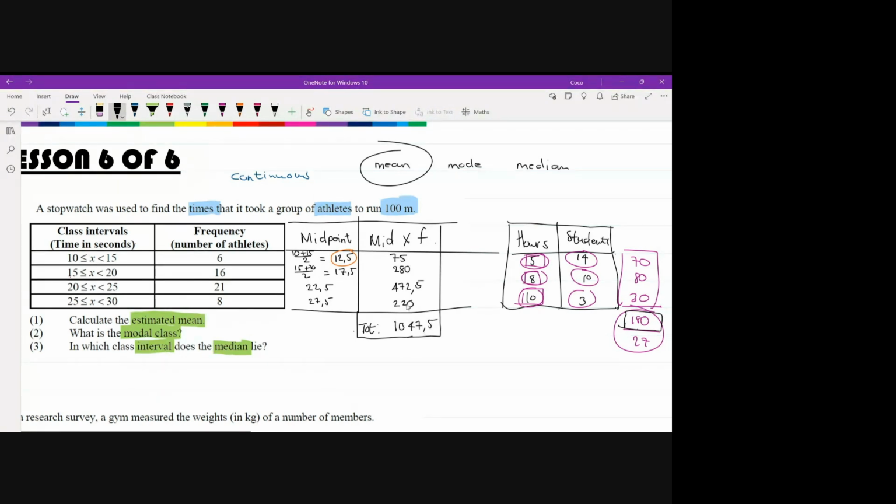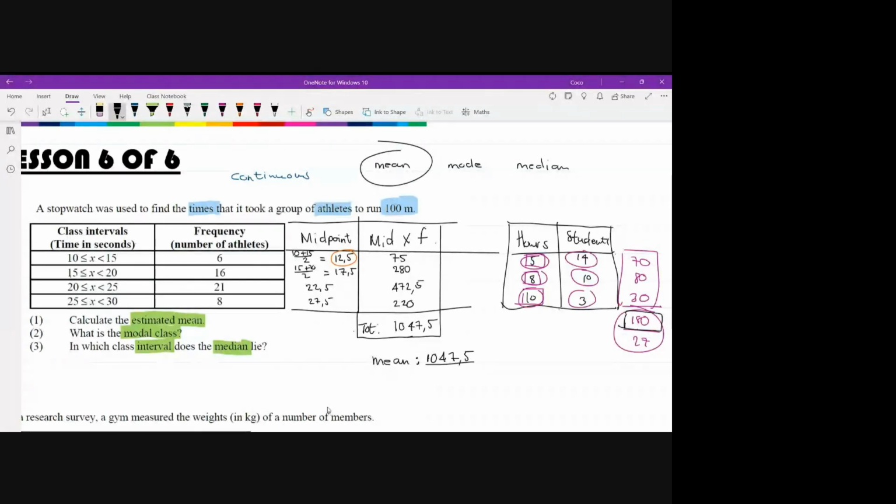1047,5. And now to find the mean, we're going to take this value and divide it by what? What are we going to divide that value by? Not by 4. How many people did they count up?